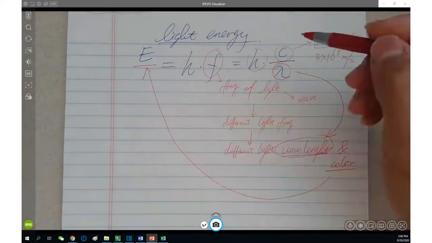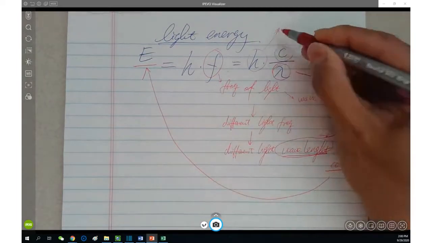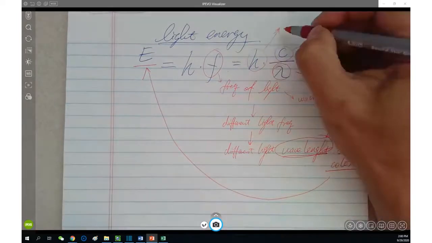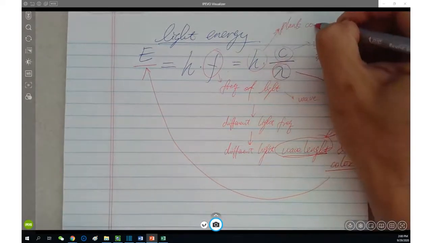And then what is the H? Anyone know who is the H? It's a constant. What constant? Planck's constant. Very good.